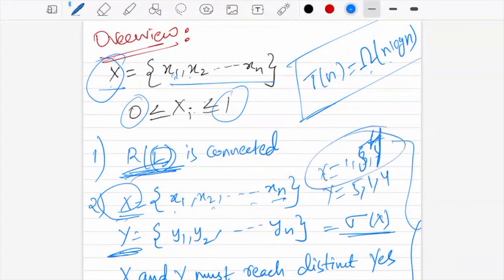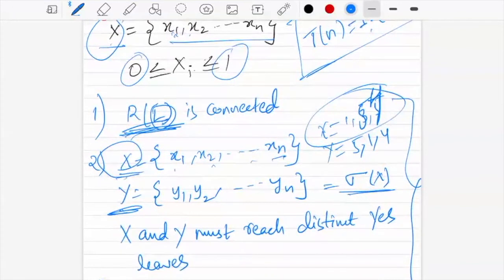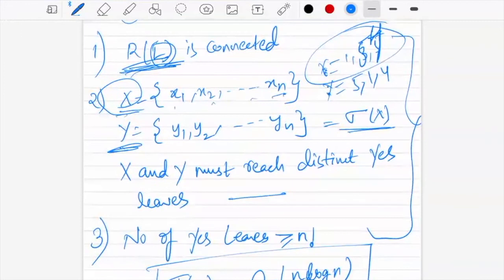These two instances must find distinct paths to find the distinct elements. In the second claim we are going to prove this, and in the third claim we have to prove that the number of leaves must be greater than or equal to n factorial, so that we can prove that the lower bound time complexity for this algorithm is big omega of n log n.